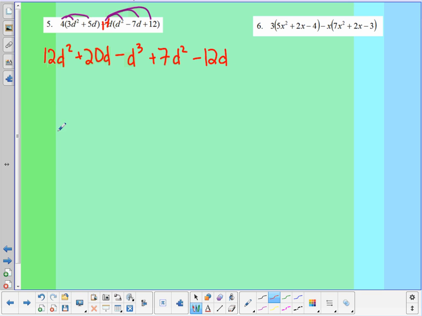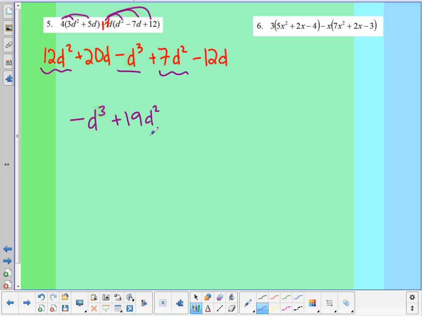Holy cow. So now I am going to go back and put my like terms together. I like to start with the largest exponent so that it naturally falls into standard form. So my largest exponent is the power of 3. There's nothing that goes with it, so it's just negative d to the third. Then I look for the powers of 2, and I have 12 and 7, which gives me 19.